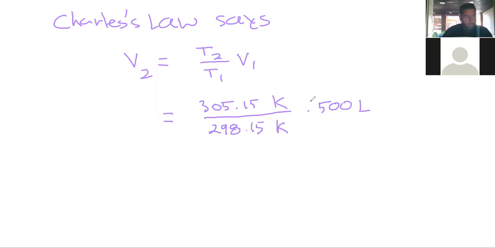So the Kelvins cancel. That's good. And then we just have to do some arithmetic now. Calculator fun. You go to a calculator and do the division, and then multiply the ratio of the temperatures by 500.